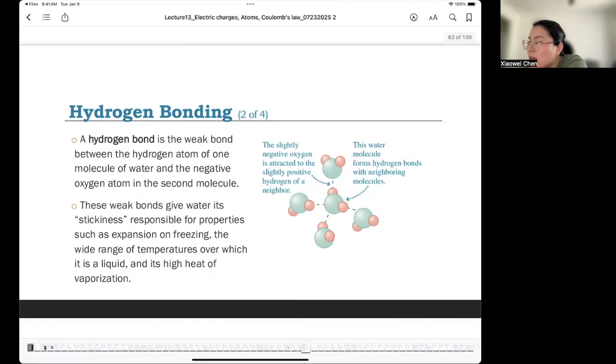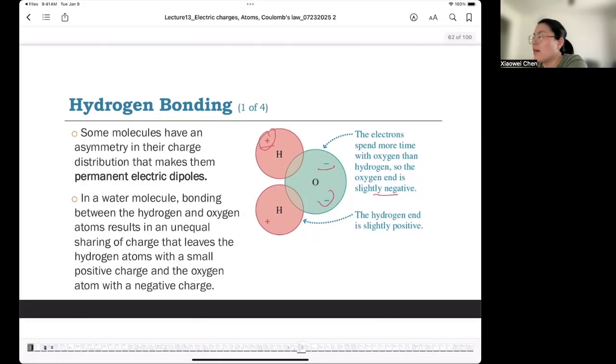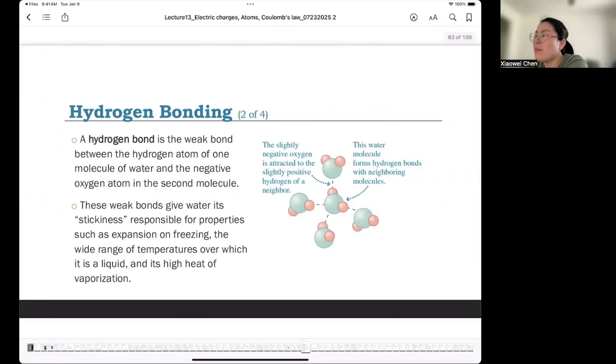These weak bonds give water its stickiness, responsible for properties such as expansion on freezing, the wide range of temperatures over which it is a liquid, and its high heat of vaporization.